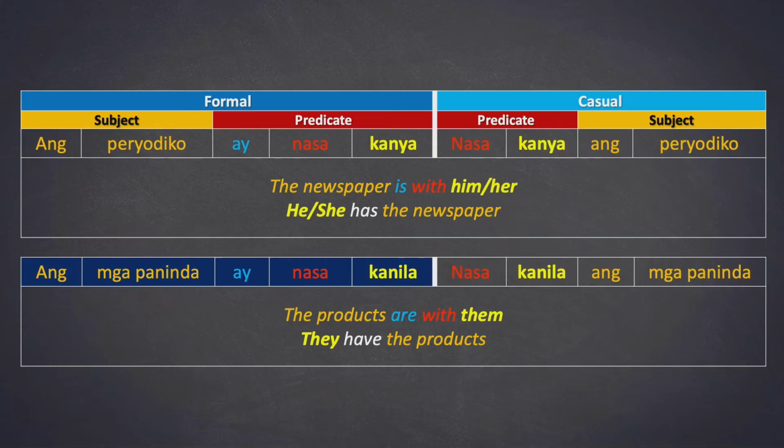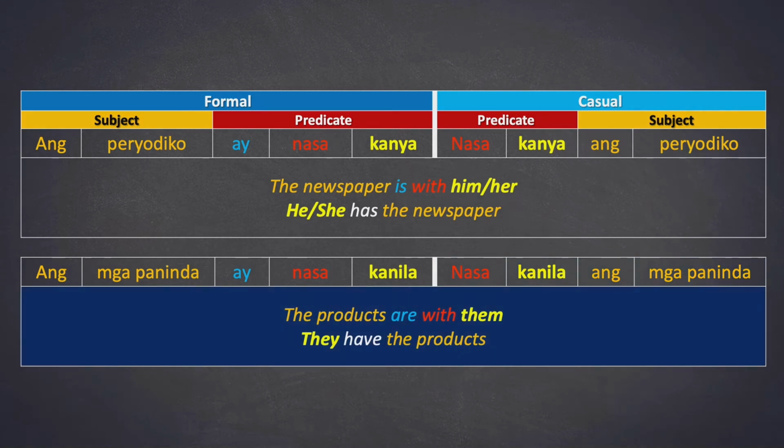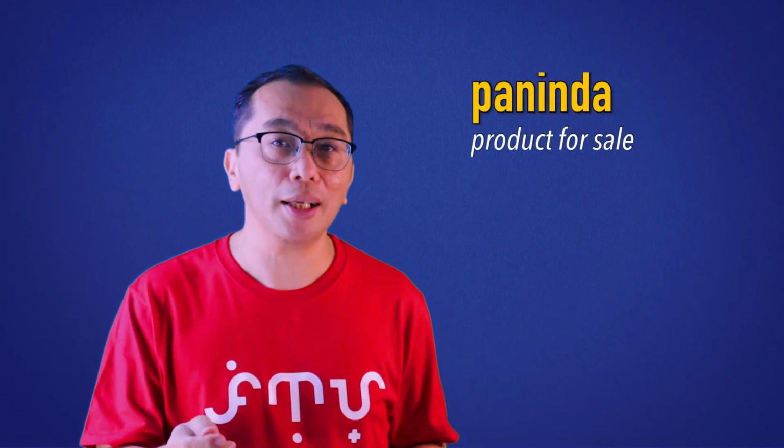Ituloy natin. Ang mga paninda ay nasa kanila. Nasa kanila ang mga paninda. The products are with them, or they have the products. Paninda is product intended to be sold in the store, or a product being offered for sale.